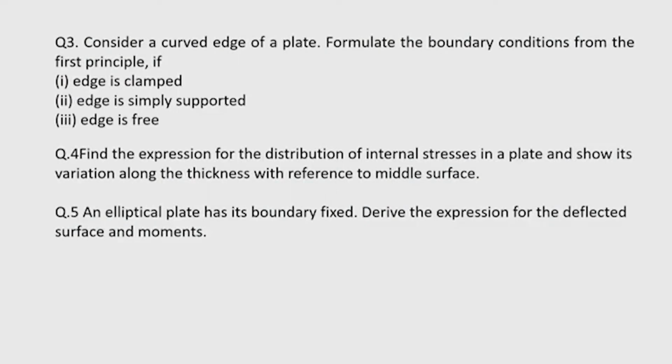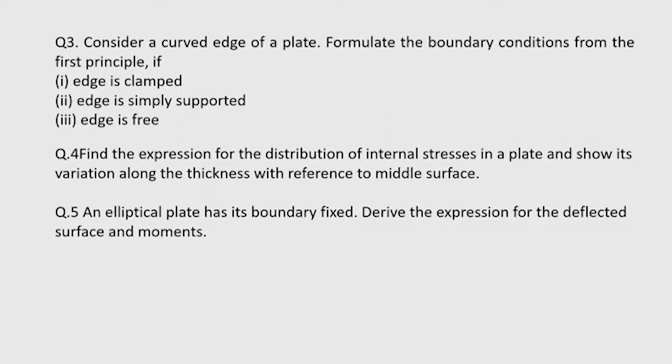So, we will try to find the expression for all stress components, and when the thin plate example comes, we can show that these components are negligible compared to the three components of stresses sigma x, sigma y and tau xy. Okay. Then we will go for one problem that we want to solve exactly.